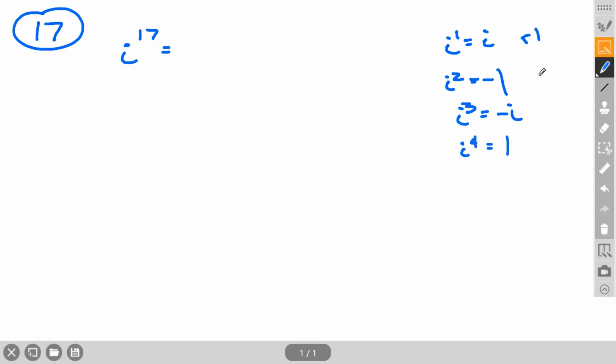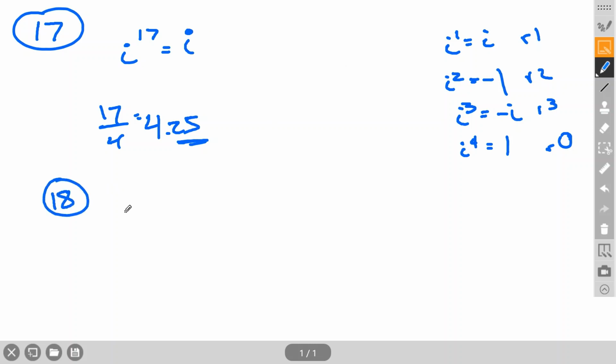So this would be a remainder of 1, a remainder of 2, a remainder of 3, and then a remainder of 0 based on division by 4. So if I divide 17 by 4, I get 4.25. 0.25 is a remainder of 1. So this would just simplify to i.